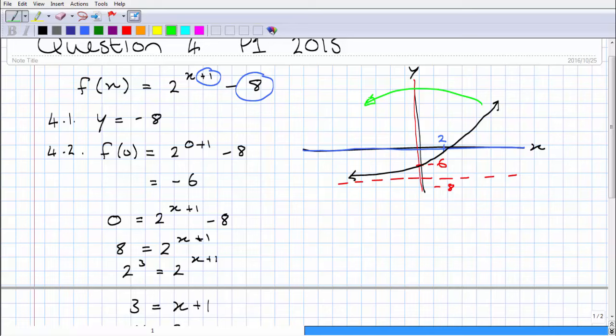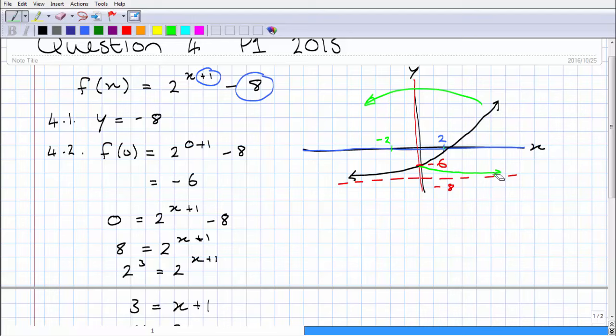We take the page and we fold it. And what happens when we fold it in the y-axis? Well, our x swaps. So this 2 over here becomes negative 2. Obviously everything else remains the same.